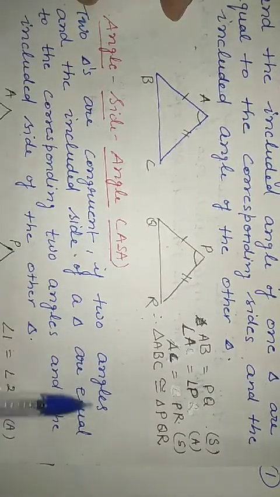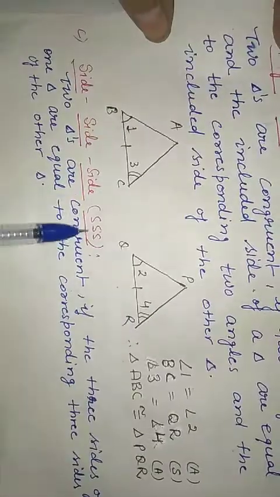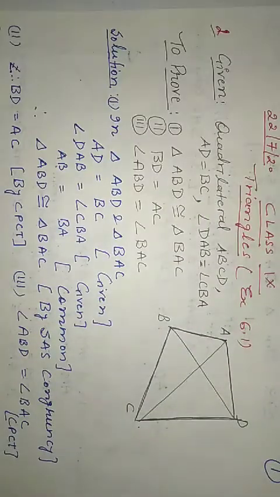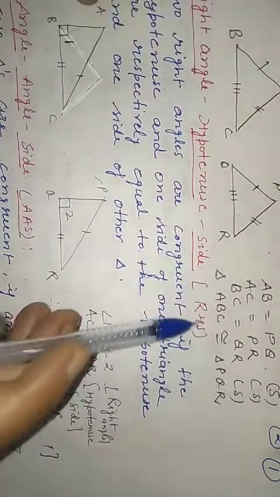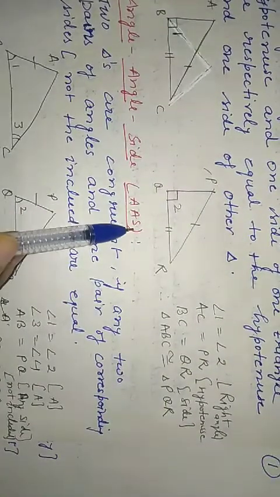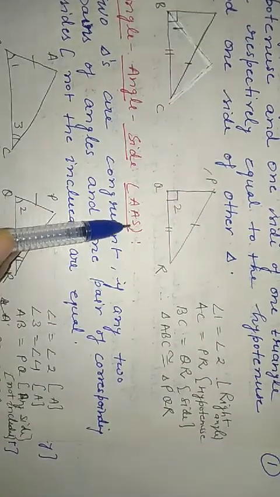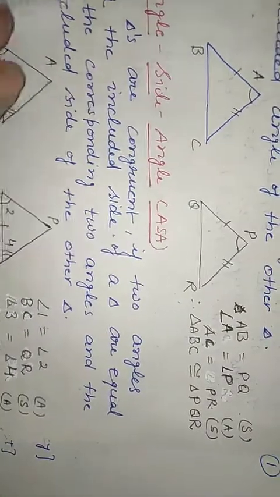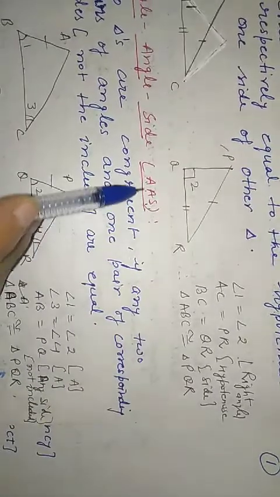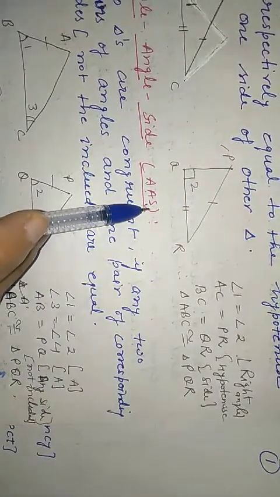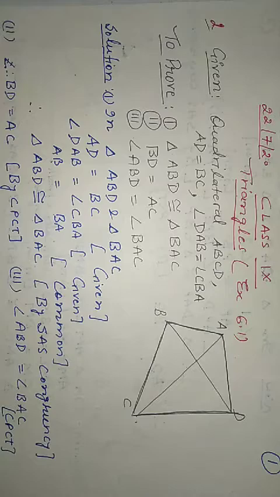Then all the 3 sides, then RHS, and at last angle, angle, side, which is an auxiliary of angle, side, angle, that is 2 angles and any of the 3 sides. So these properties we can use here.